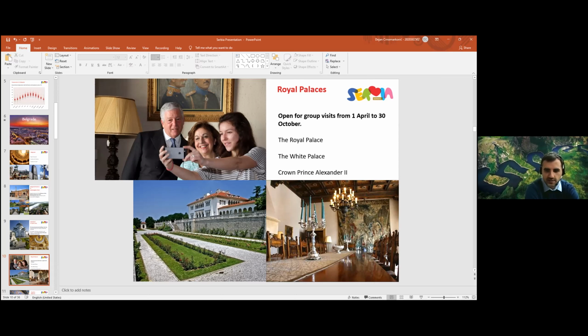One is the royal palace in which they reside, and the other is the so-called White Palace, which can be rented for various events. Both palaces can be visited with a tourist guide, and occasionally the crown couple will be there to greet you.